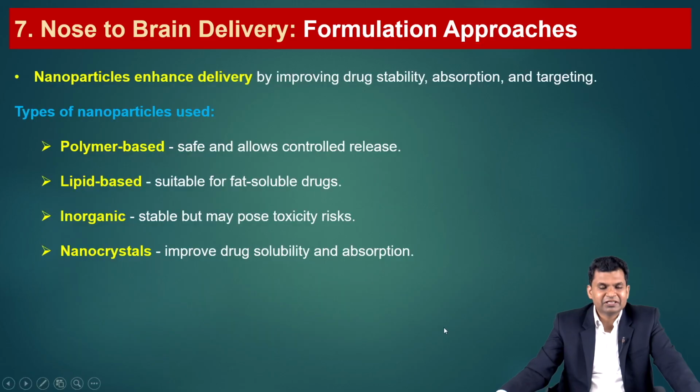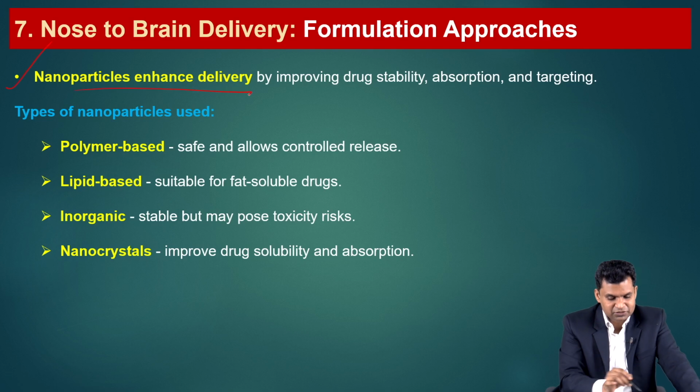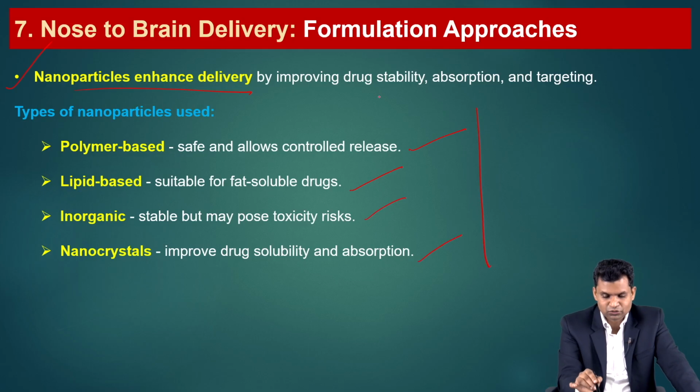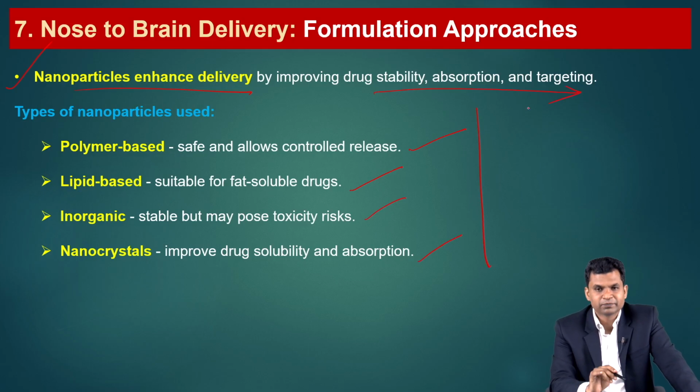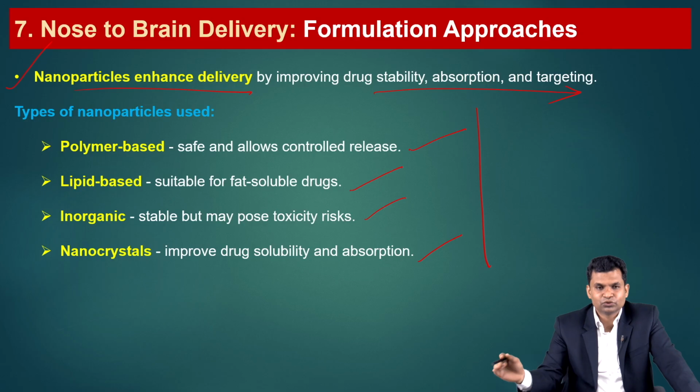So far we have discussed various nose to brain delivery strategies, and the nanoparticulate delivery systems, using polymers, lipid based, inorganic, and nanocrystals, with which we can improve the nose to brain delivery of various molecules to treat CNS disorders, brain cancer and other neurodegenerative diseases.